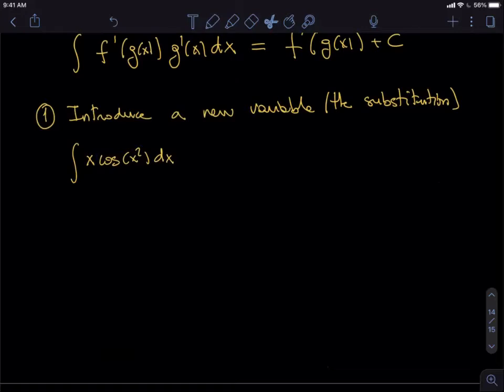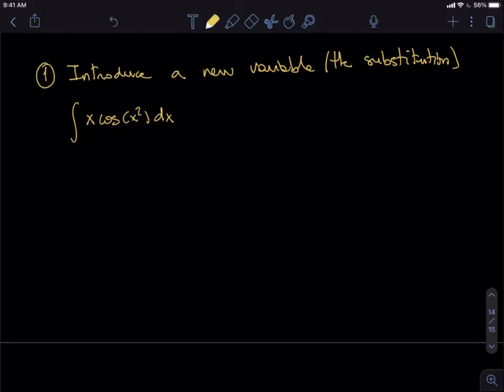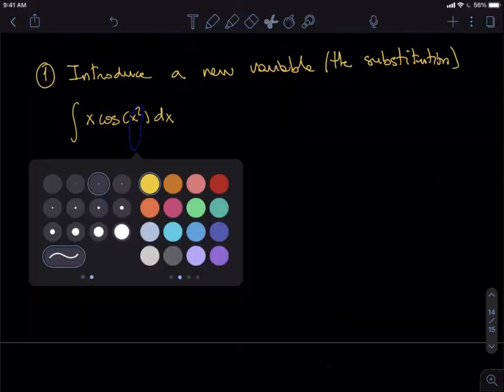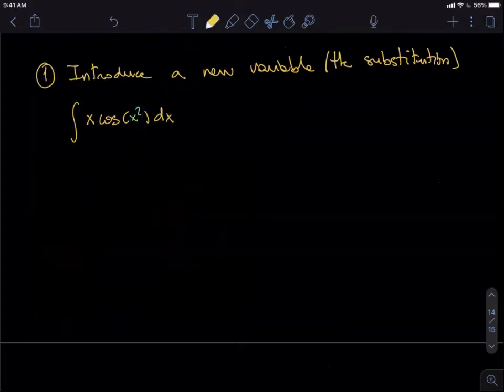So when we look at this particular example, we identify the cosine as difficult. And it feels difficult because inside the cosine there is x squared instead of x. So here, a good candidate for a substitution will be making u equal x squared.